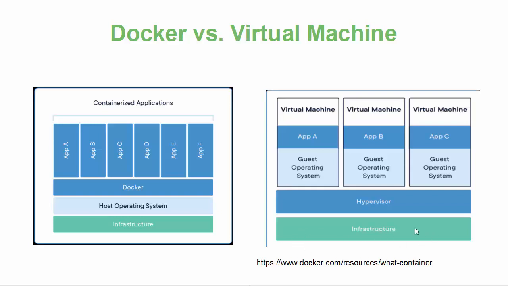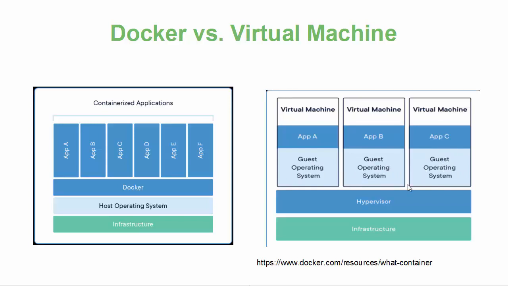Let's say this is your server, and on this server you have your hypervisor, and on top of your hypervisor you can run different virtual machines. So this is virtual machine 1, virtual machine 2, virtual machine 3, which have operating system 1, operating system 2, and operating system 3, or you can have the same operating system in all 3 virtual machines.